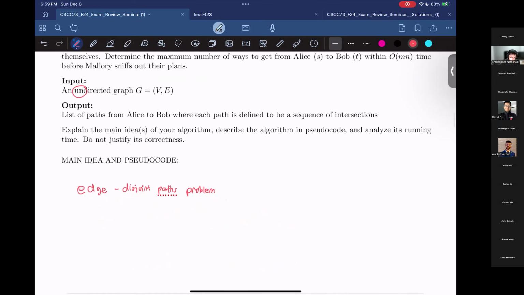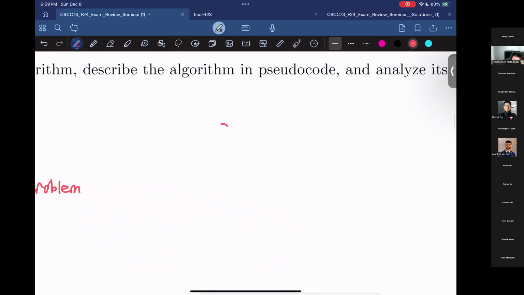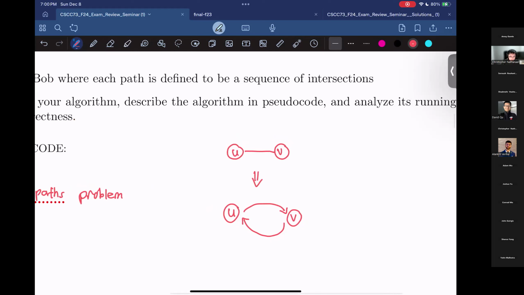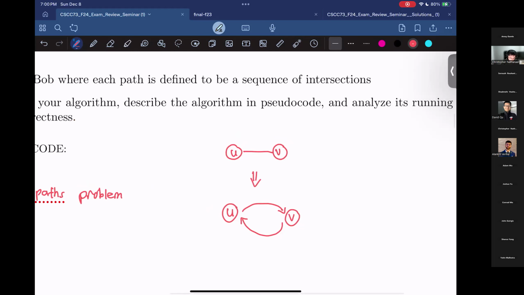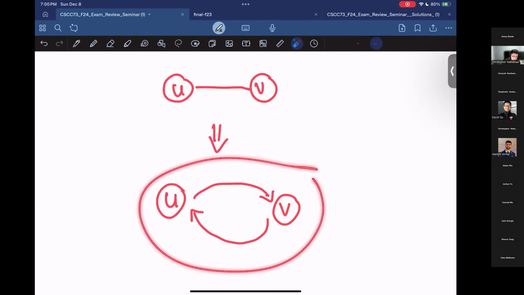So first, the natural conversion of an undirected graph to a directed graph is that if there is an edge from U to V, this will become like this, right? So replace it with two edges going opposite sides. What's the problem with just running the original edge disjoint paths algorithm on this one?